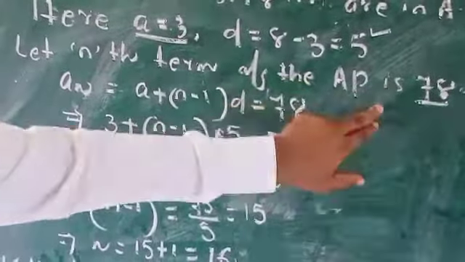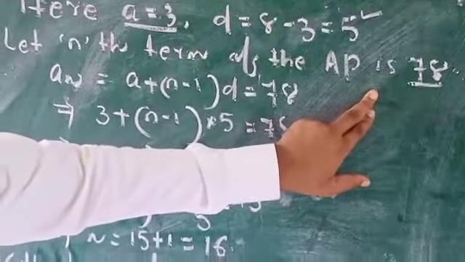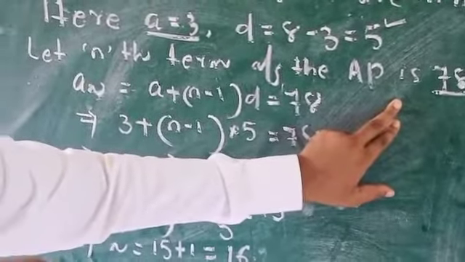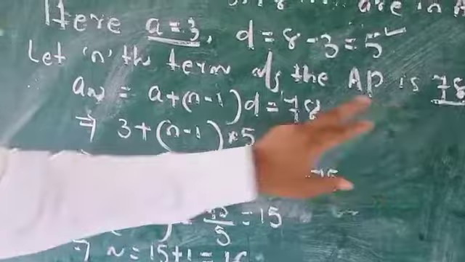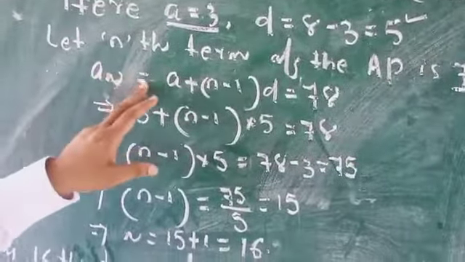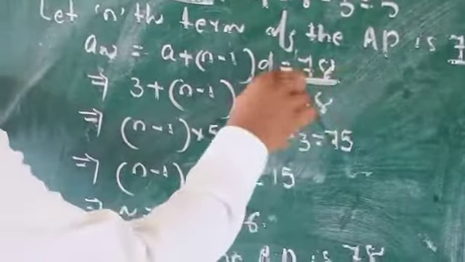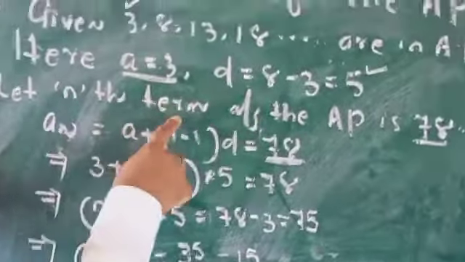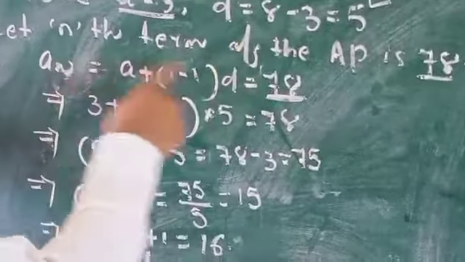So if the nth term is 78, what is the formula for the nth term? The general formula is an is equal to a plus n minus 1 into d, equal to 78. Why have I written 78? Because I have taken, let the nth term of the AP be 78. So nth term is 78 means an is 78.